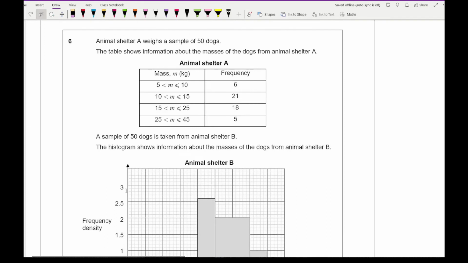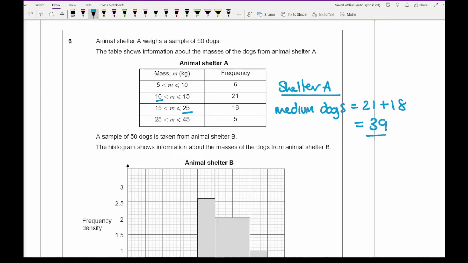So looking at animal shelter A, we're looking for how many dogs are between 10 and 25. So for shelter A, medium dogs is going to be 21 plus 18, which is 39.